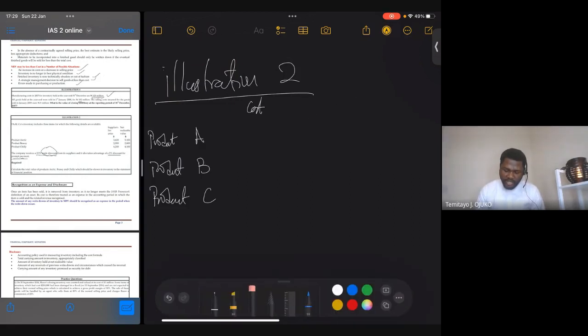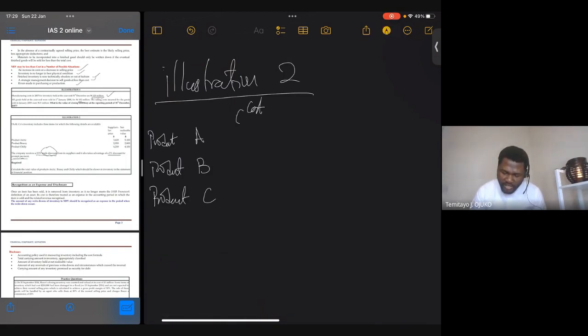Now, this cost is going to be less trade discount. Then I have my net realizable value as given to me. Then I have my valuation based on the principle of IAS 2, the lower of the two.